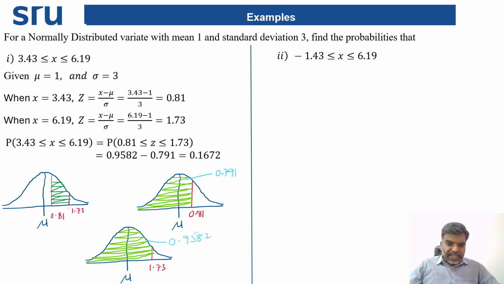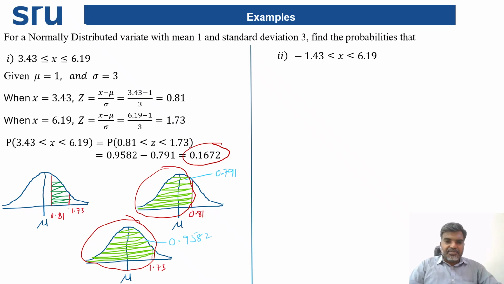From this total area, you have to subtract this part. That gives the area between the two z values 0.81 and 1.73. Now you can see that value here. What is the value? 0.1672. This is the required probability.